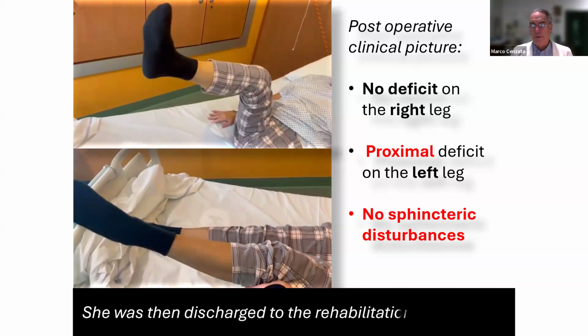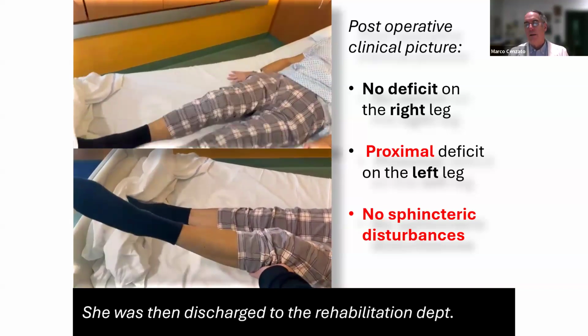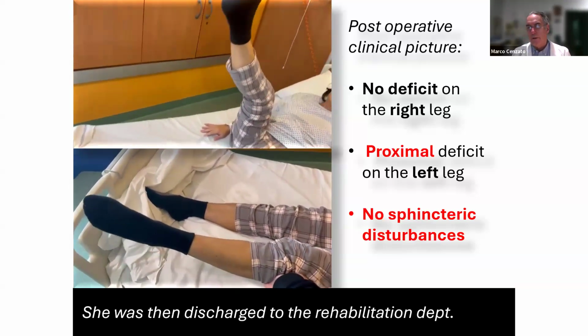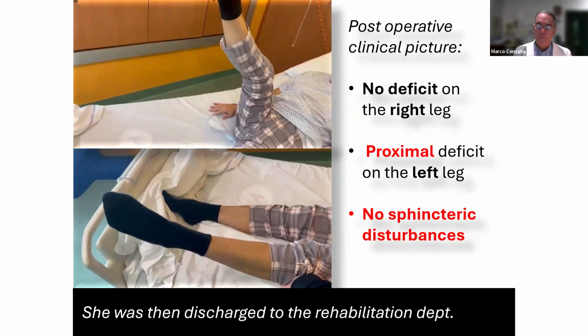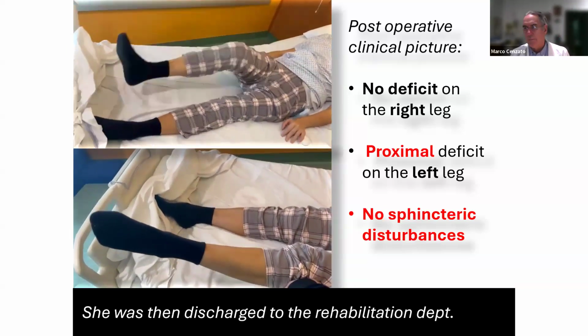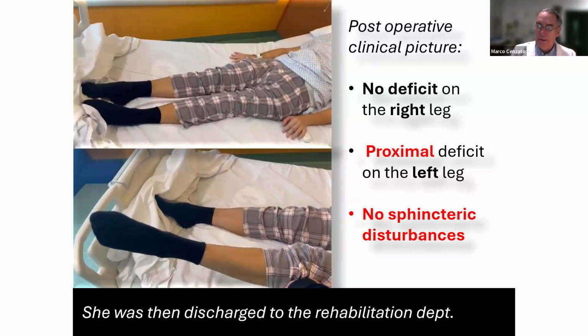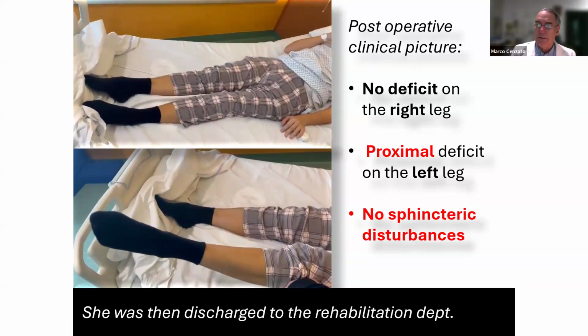She could move the legs. She already had a problem on the proximal leg before surgery, and it remained almost more or less the same. What's important is she didn't have any sphincter disturbance.